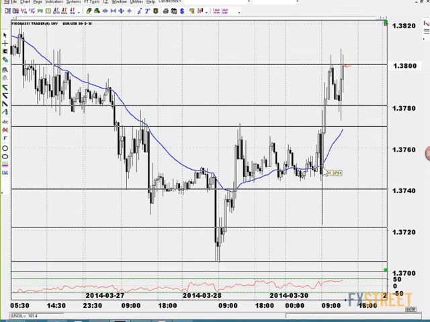So when the data gets released, at the point of release, typically what happens is that when you've got a notable data point that comes out, liquidity gets very, very thin. So depending on what platform you're looking at, your prices are going to spread, because as you get closer to the event, liquidity draws out of the market.